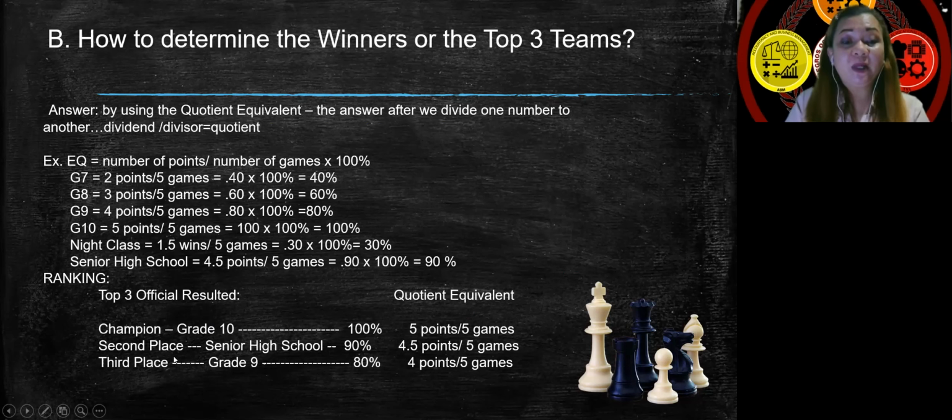And then the second place, senior high, with 90%. And third place, grade 9, with 80%. So here is the quotient equivalent: 5 over 5, 4.5 over 5, 4 over 5. That is how we create a tournament, and of course this is how we determine the winners.